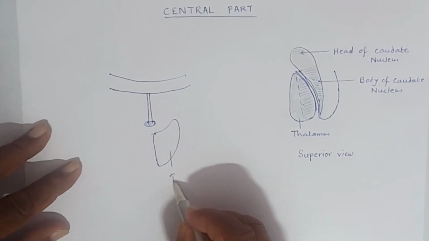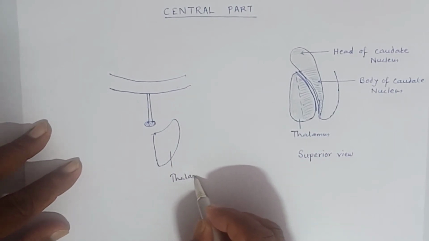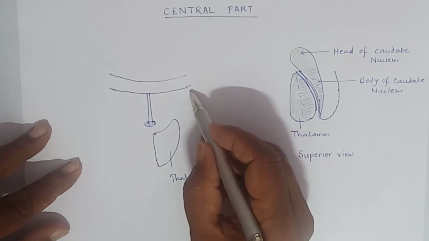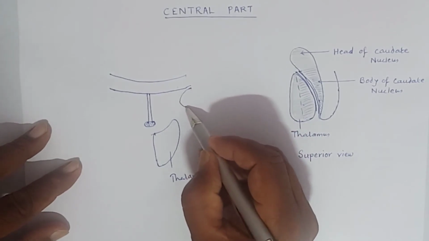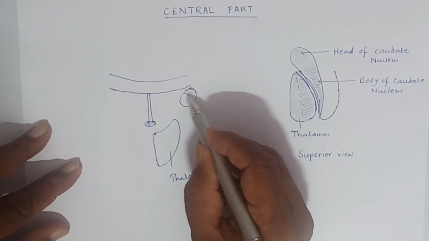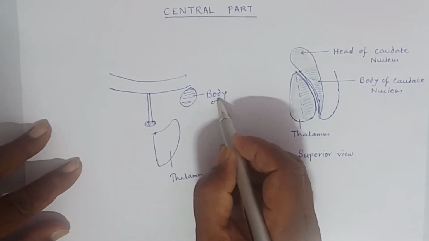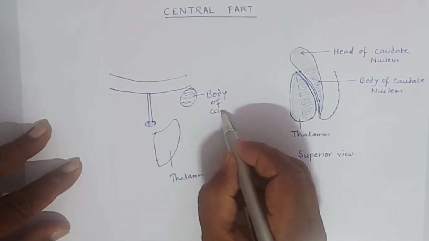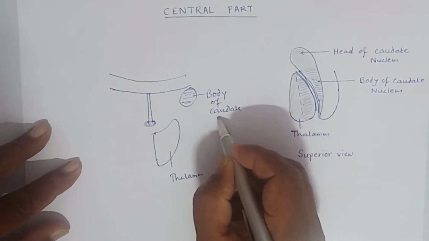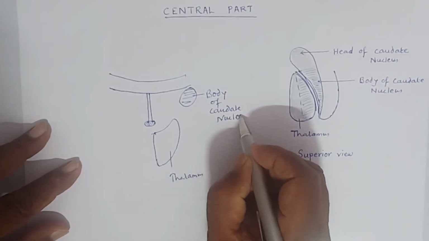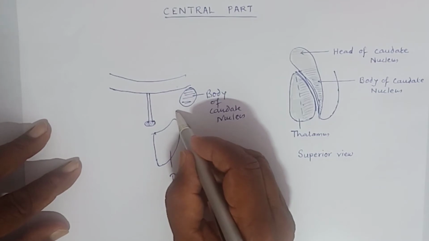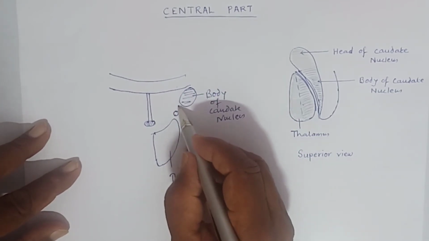This is the thalamus. And laterally, there is body of the caudate nucleus. And between them lies thalamostriate vein and stria terminalis.